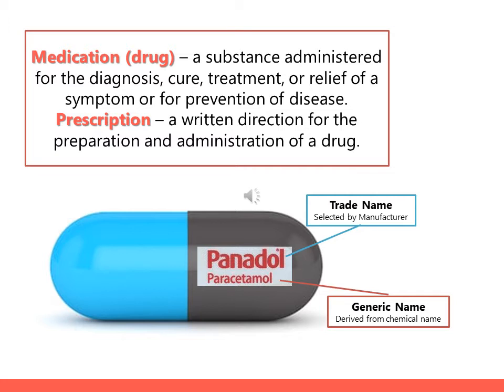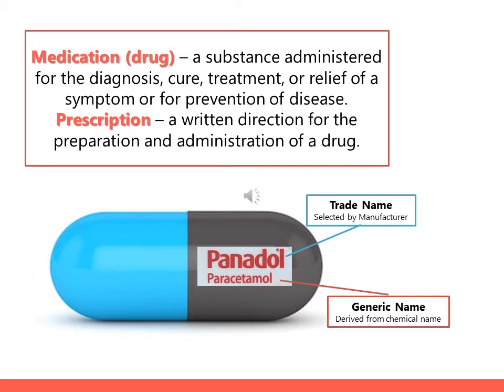And medications are normally prescribed by the physician or a doctor in the form of a prescription. That's why prescriptions are written directions for the preparation and administration of a drug. When you go to the hospital, medications given to a patient are prescribed by doctors or physicians.